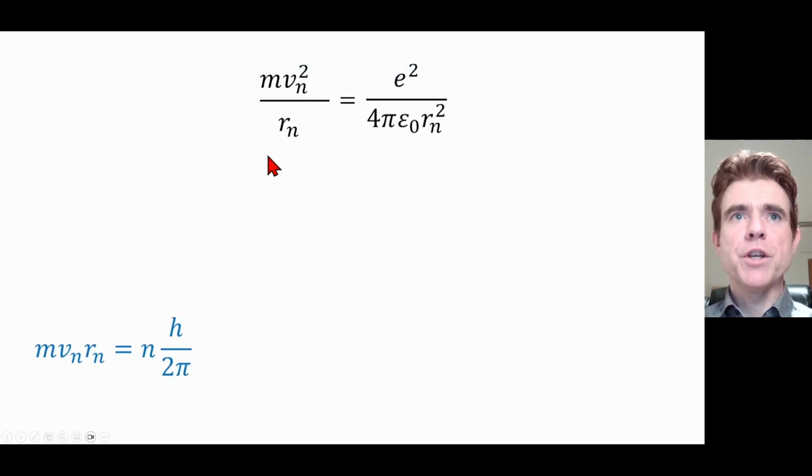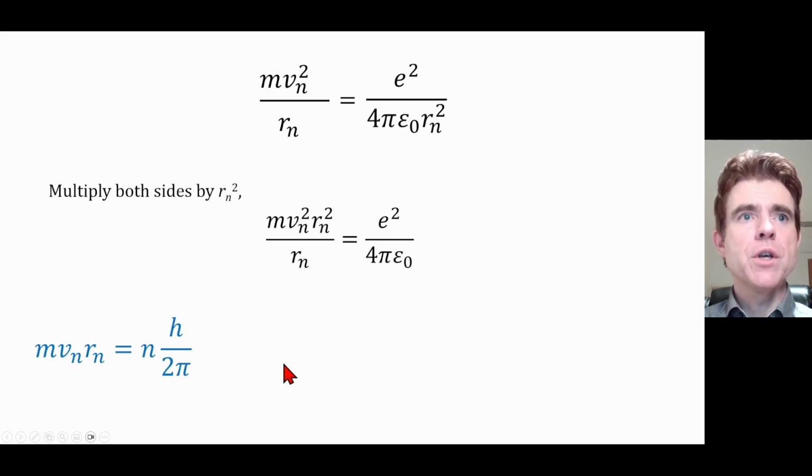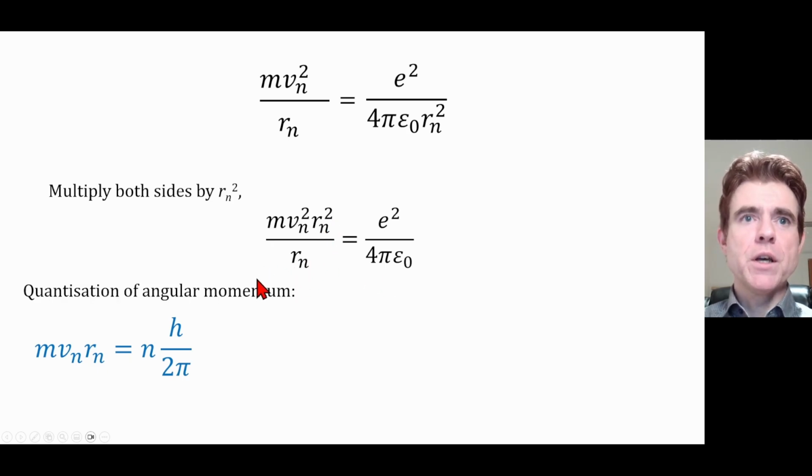Okay, so here we are equating the centripetal force to the Coulomb force of attraction, and we've kept the quantization of angular momentum on the screen as a reference. Then, to work with these formulae, we can multiply both sides by rn squared to remove it from the denominator there. And then what we'll do next is multiply top and bottom here by m over m, multiplying the whole thing by 1.